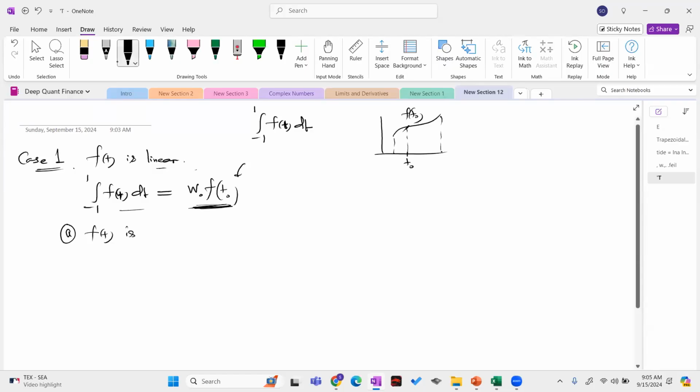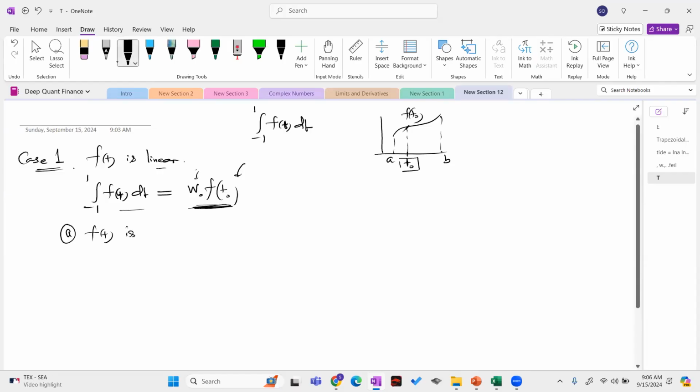Remember, the right hand side is our structure of approximating: a weighted sum of values of the function at different points. Here I've taken only one sample point t0. This needs to be chosen magically, where between a and b I need to choose t0 in the smartest way possible. Just one sample point. And the value of the function I can calculate, f(t0), and the weight is also something I can choose.